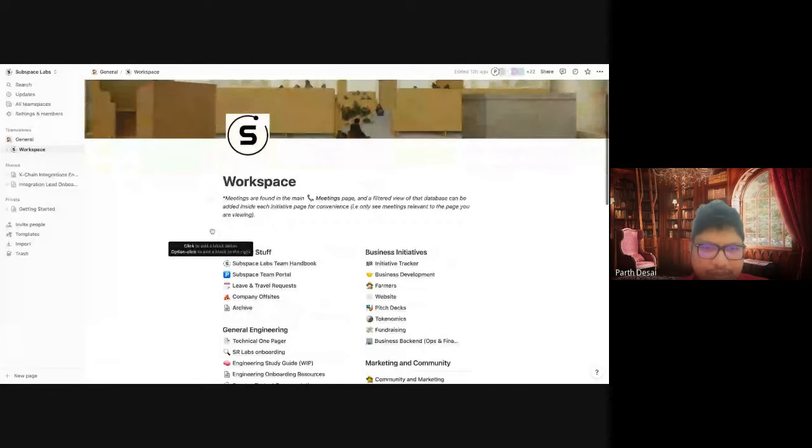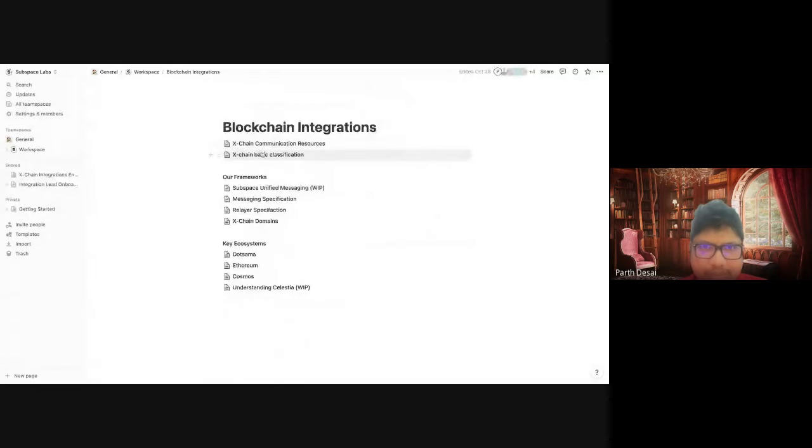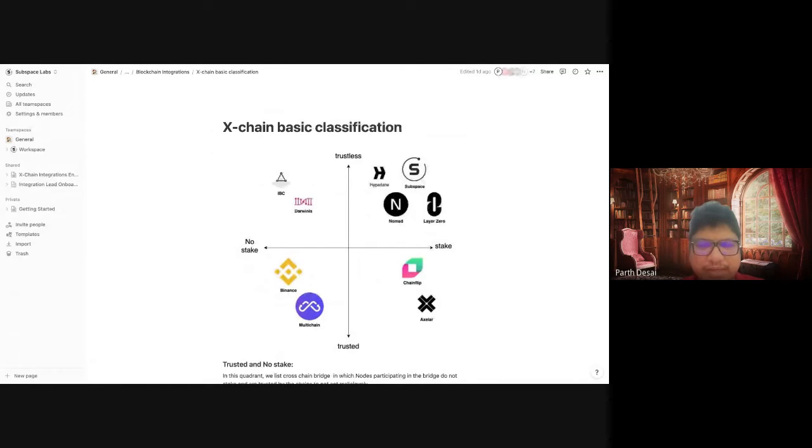You are able to see the screen, right? Yep. So it's in this exchange cross-chain basic classification.